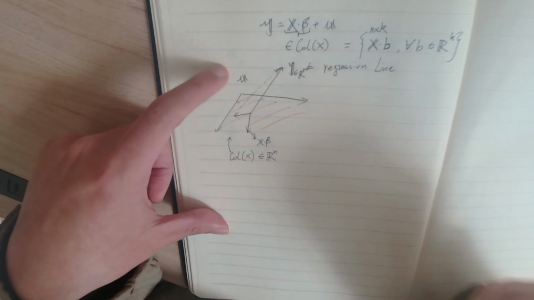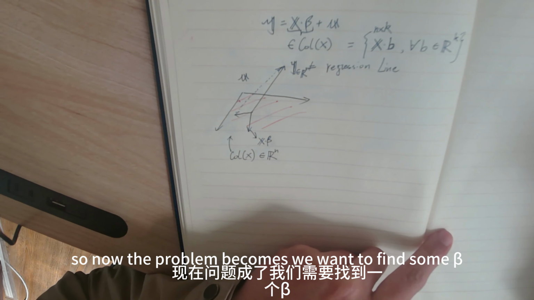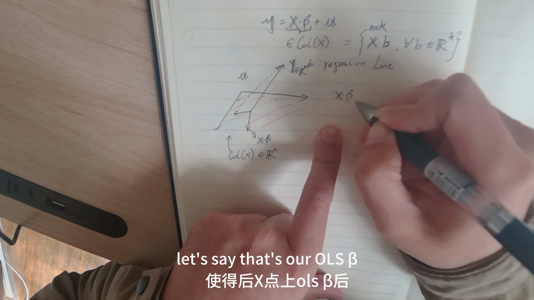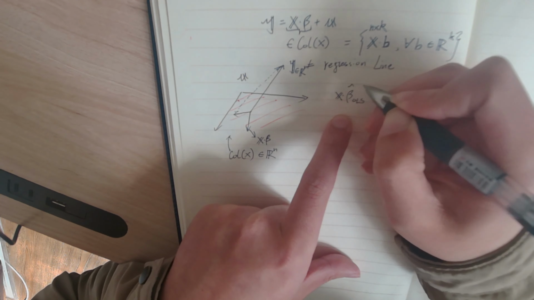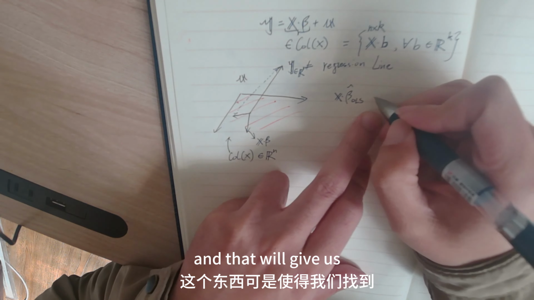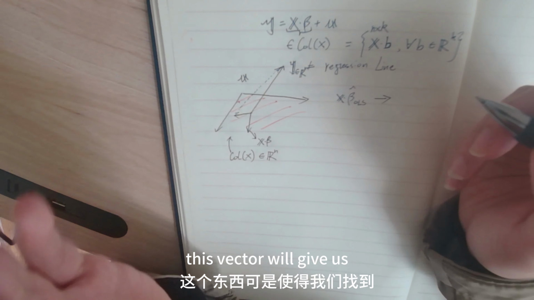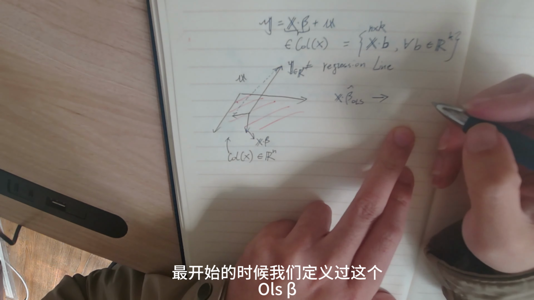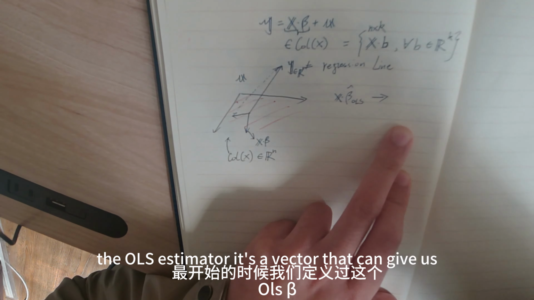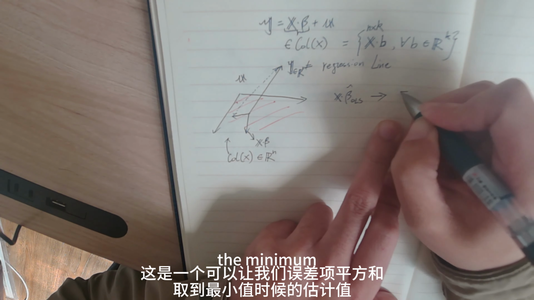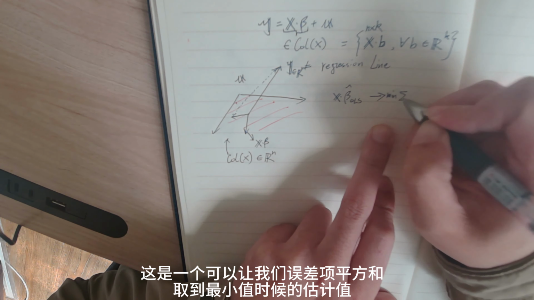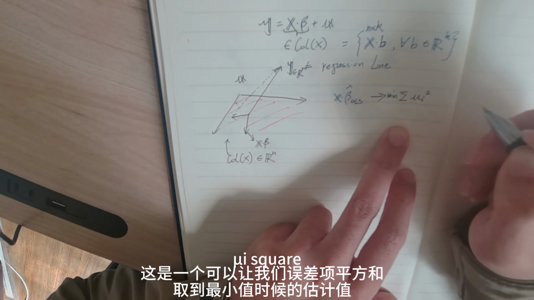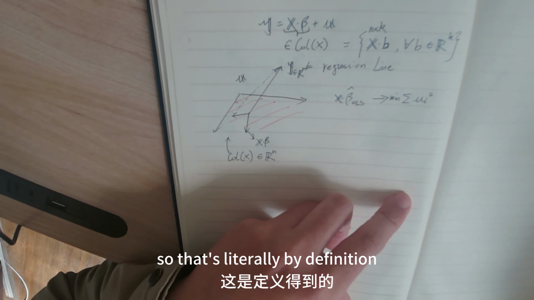We want to find some beta, our OLS beta, remember in the beginning of the series we defined the OLS estimator. It's the vector that gives us the smallest value of the sum of mu i squared. That is literally the definition.